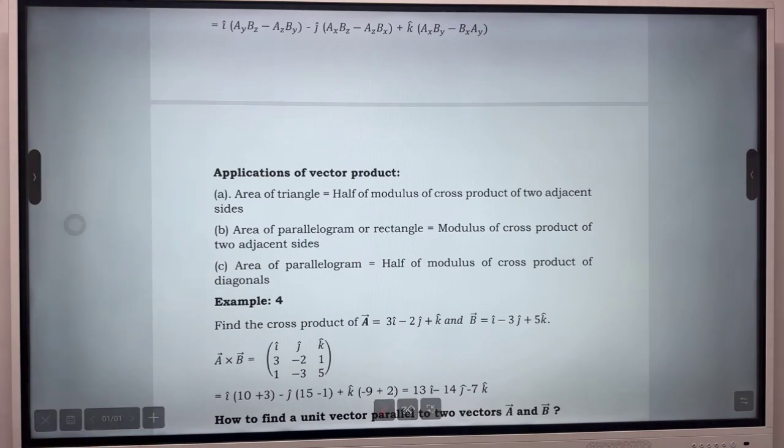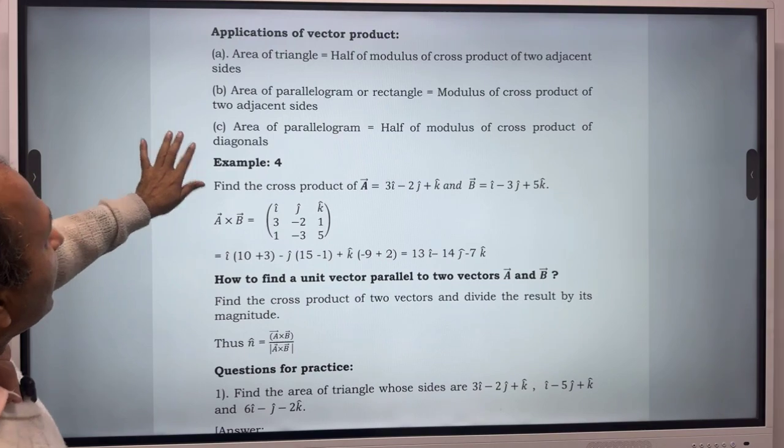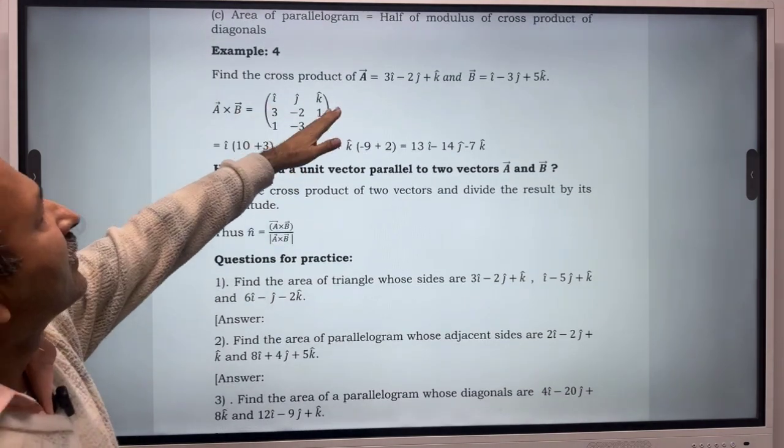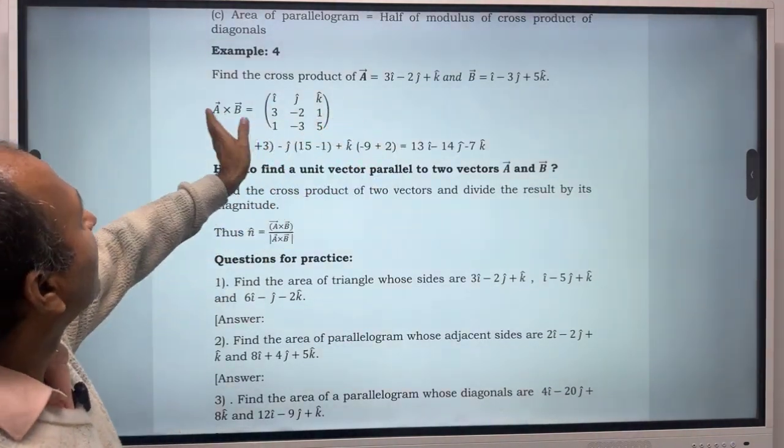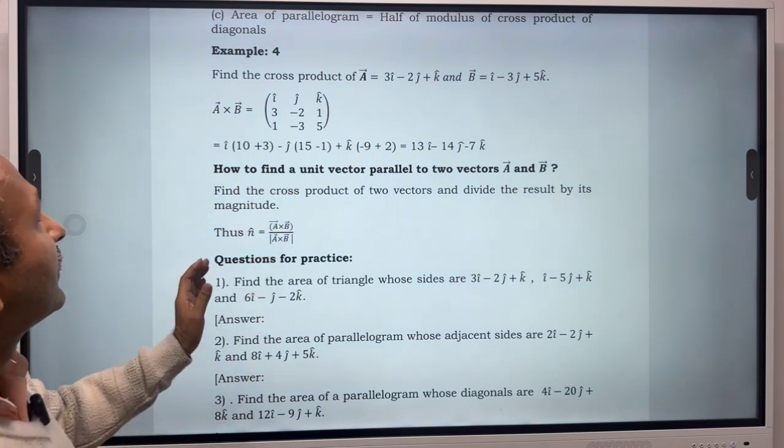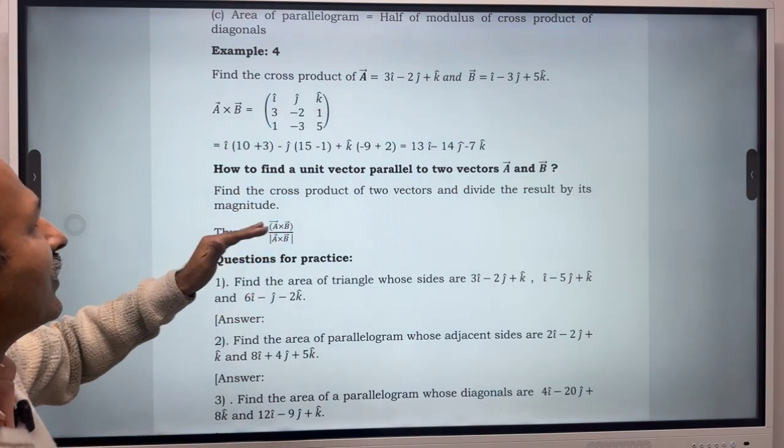This question is simple. A and B are given, two vectors, and you have to find A cross B. I have already taught you how to find A cross B, so I'm not going to tell you.